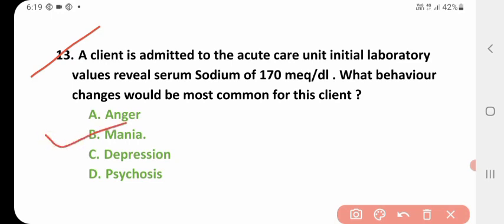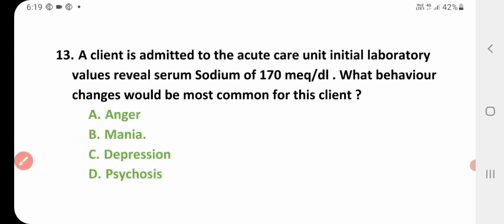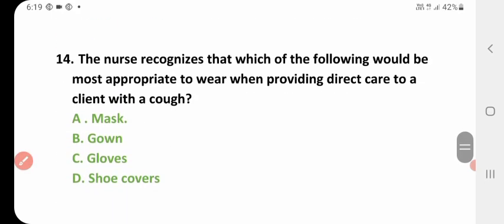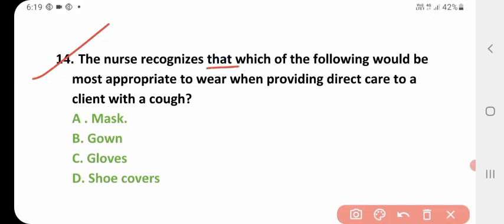Option B, mania, is the right answer. Next, 14th. The nurse recognizes which of the following would be most appropriate to wear when providing direct care to the client with a cough? Mask, gown, gloves, shoe covers. The right answer is mask, option A.